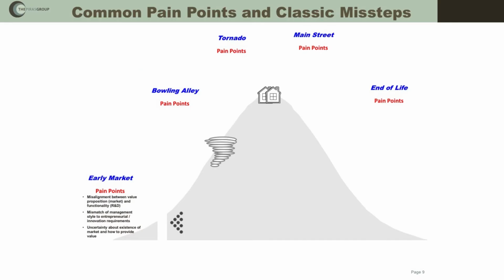Okay? In the early market phase, there's often three key pain points that come into focus. First, there's the misalignment between the value proposition that gets communicated to the early adopters and the investors and the actual functionality of that technology or that product. Here the organization is often pushing the bleeding edge of technology.